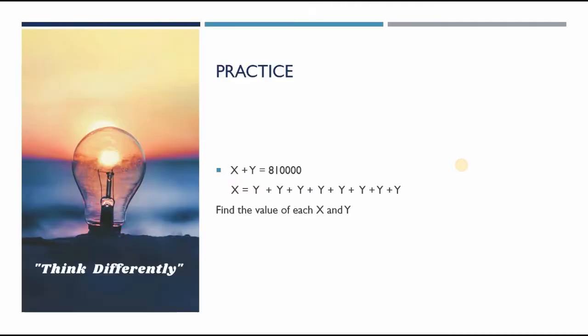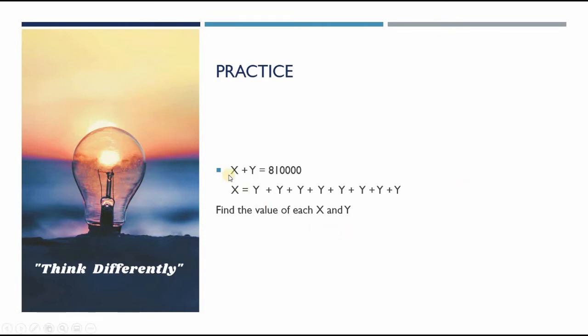Let's look at another example. X plus Y is equal to 810,000. And also X is equal to Y plus Y plus Y plus Y plus Y plus Y plus Y plus Y. Find the value of each X and Y. Okay, we have two conditions here, right?